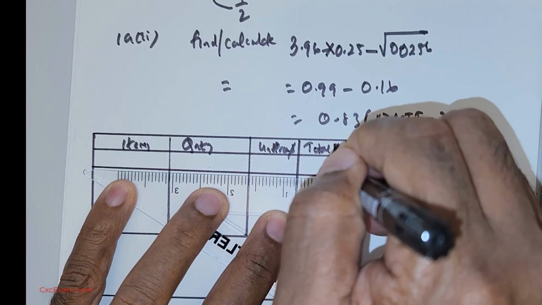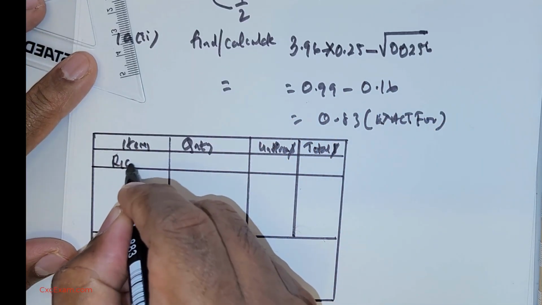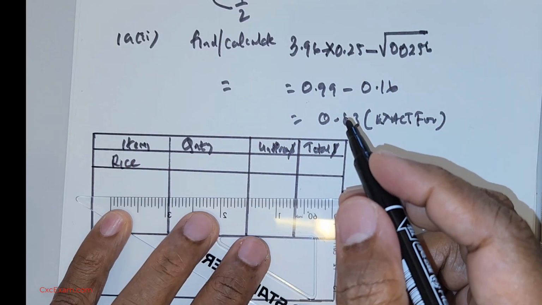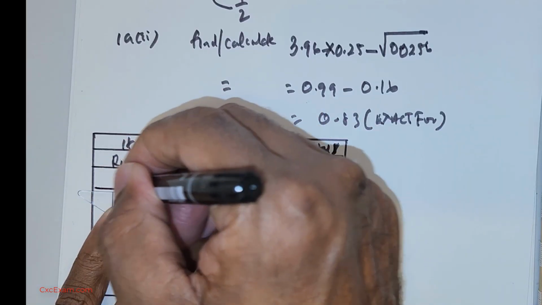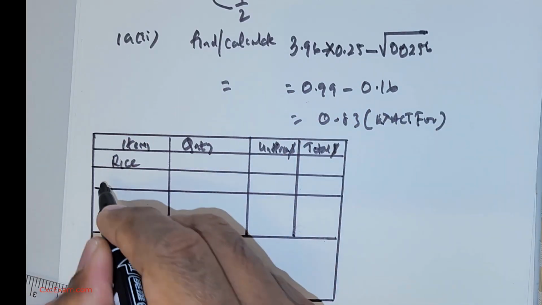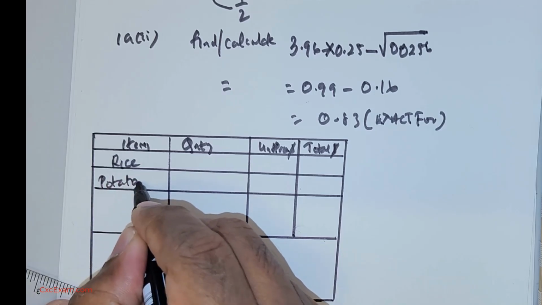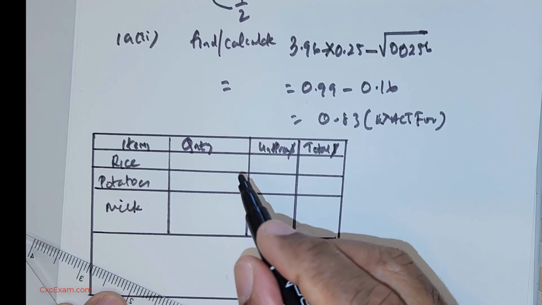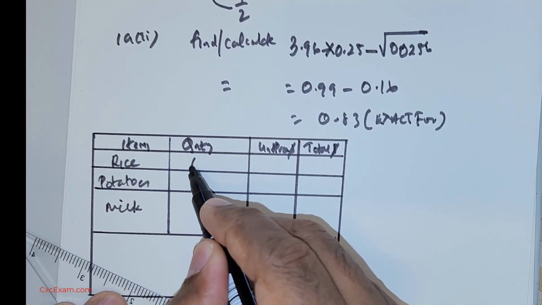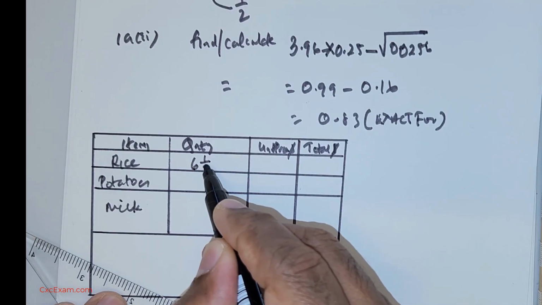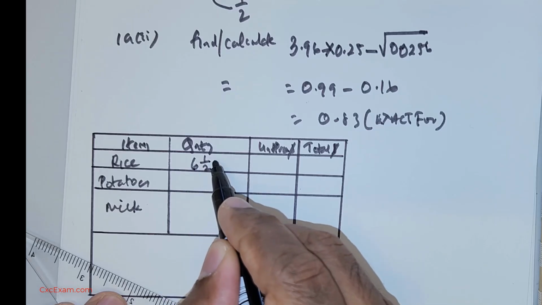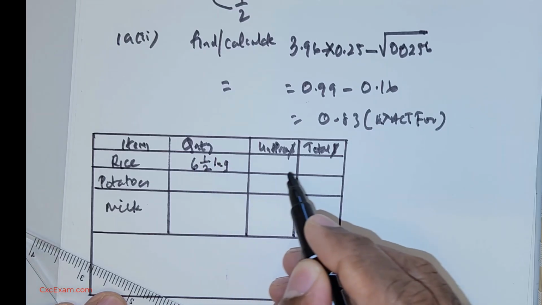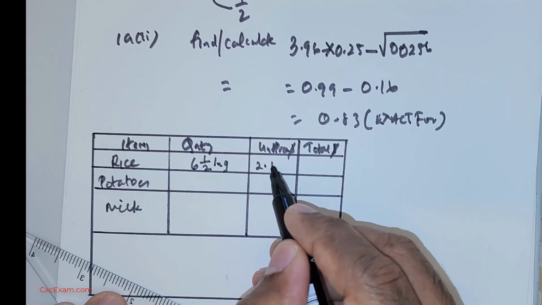So the first commodity is rice. The second one is potatoes. The third one is milk. Rice is purchased to the amount of 6 1/2 kg. The unit price is $2.40.